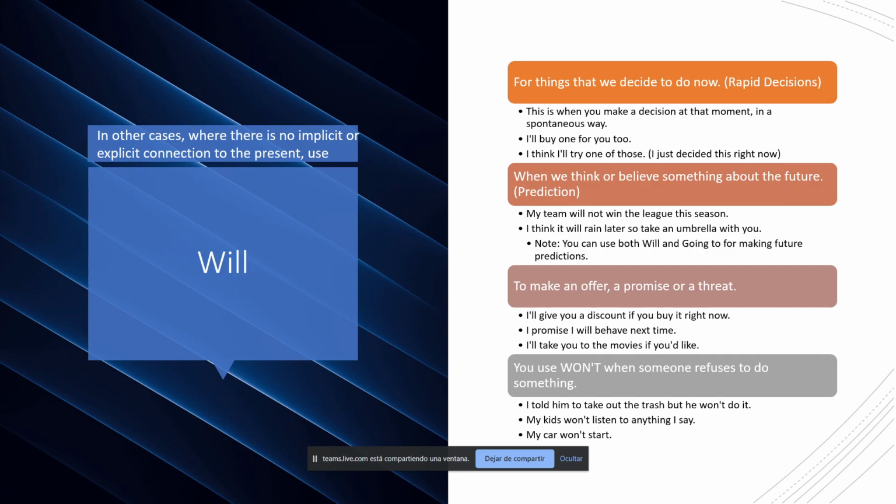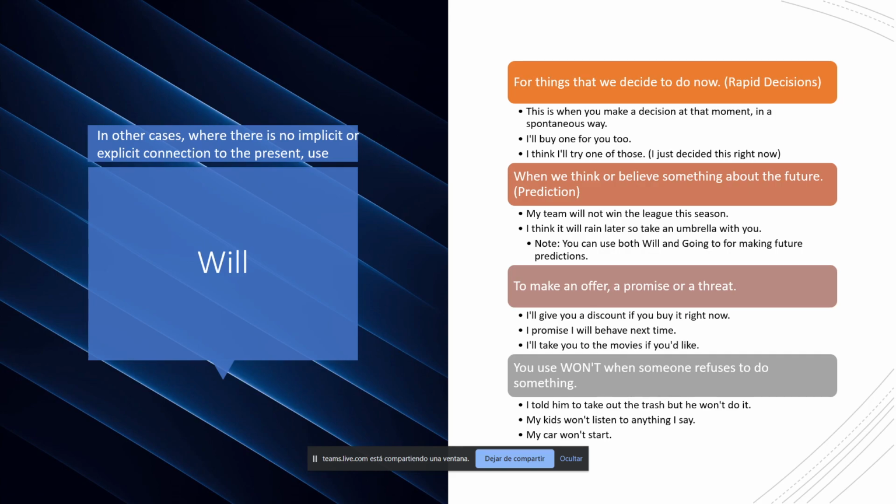In this case, all of these are refusals, or something that does not happen. So "won't" is the negative form of "will."